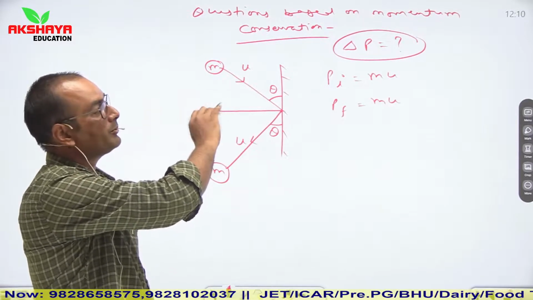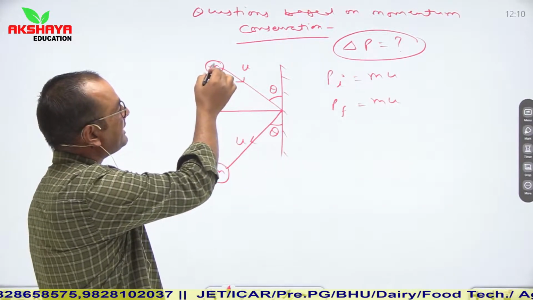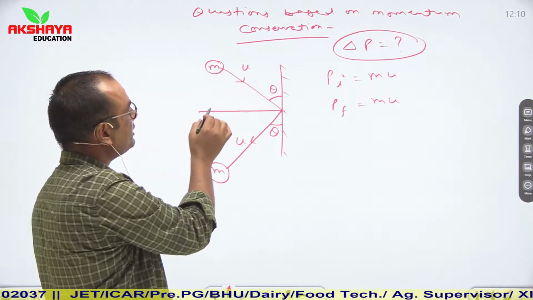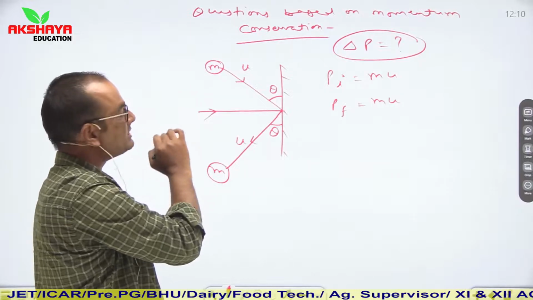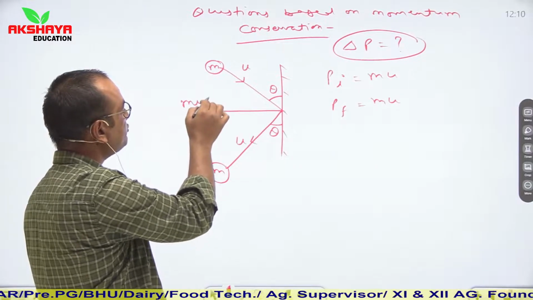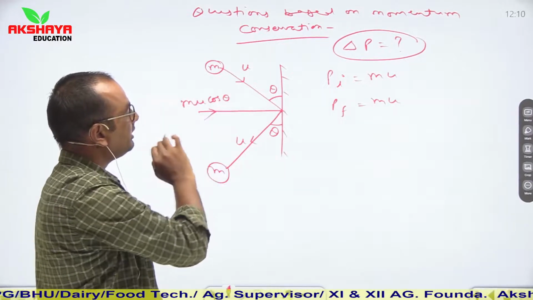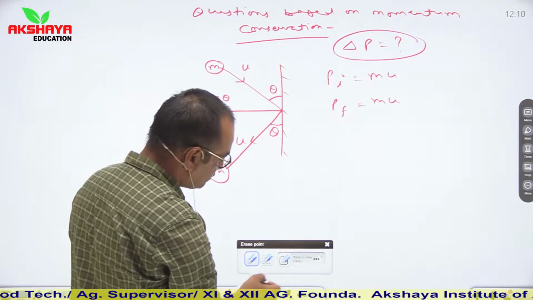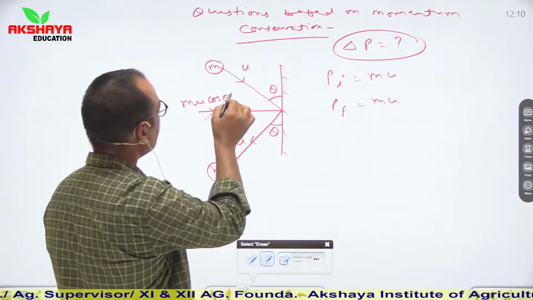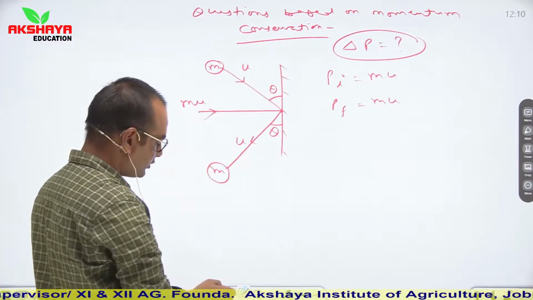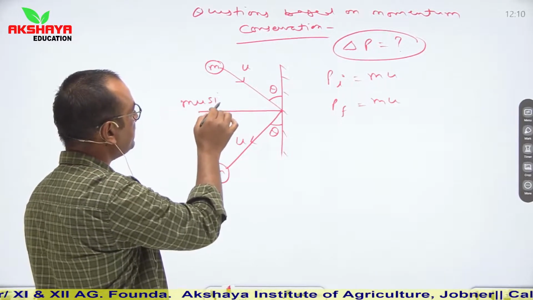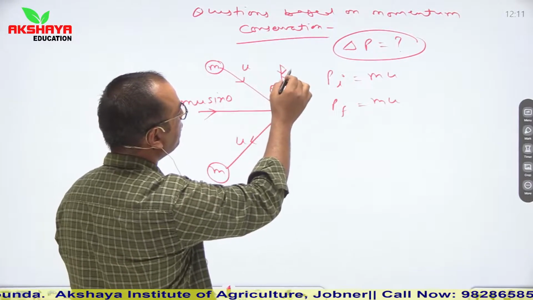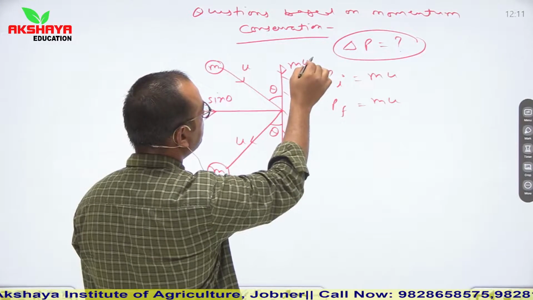So let us make its components. In the first condition, this object of mass m hits the wall with velocity u, so its horizontal component is in the plus x direction. See, theta is given with the vertical, so we will use sin theta for the horizontal component. So it is mu sin theta, because the angle is with the vertical, and the vertical component is in the downward direction and it becomes mu cos theta.